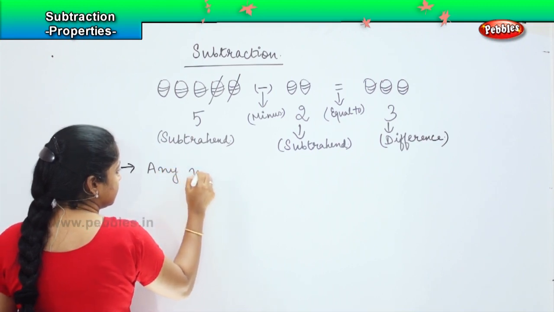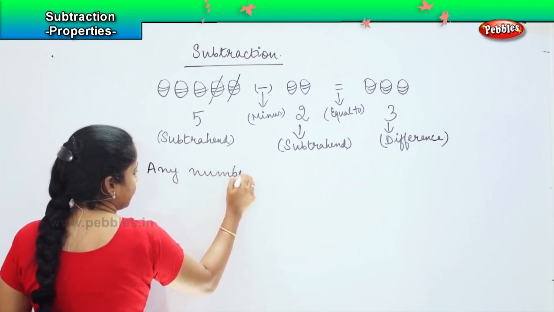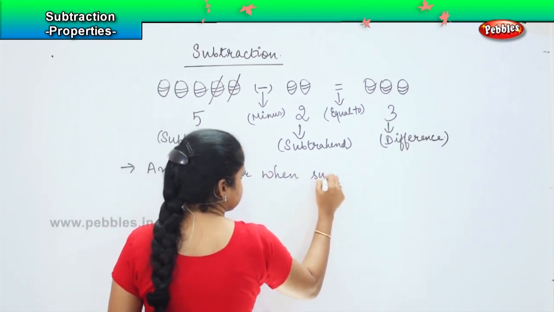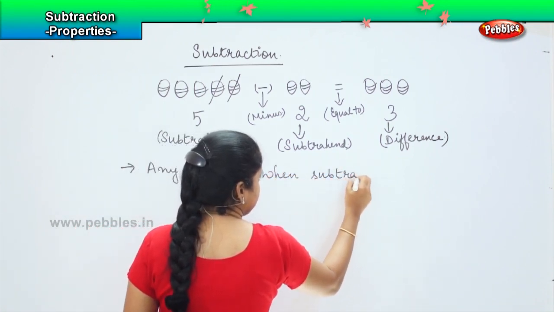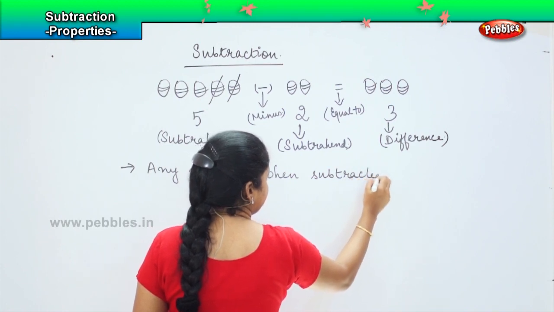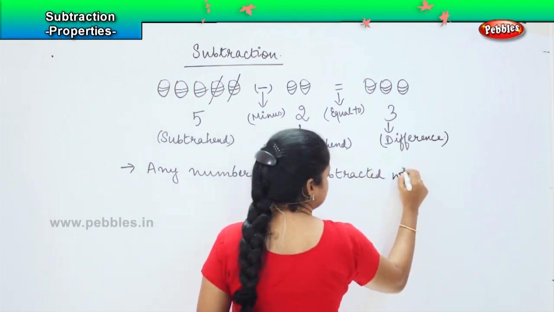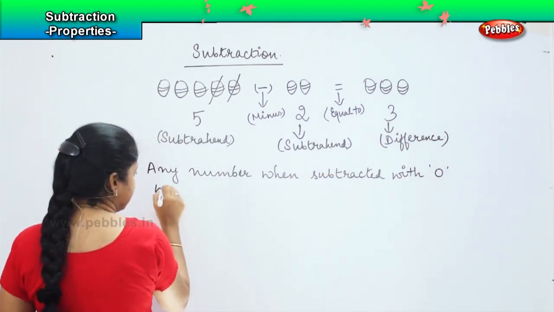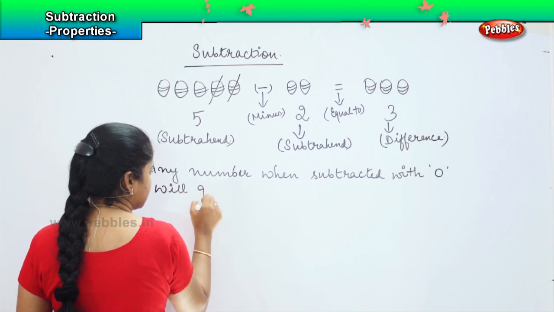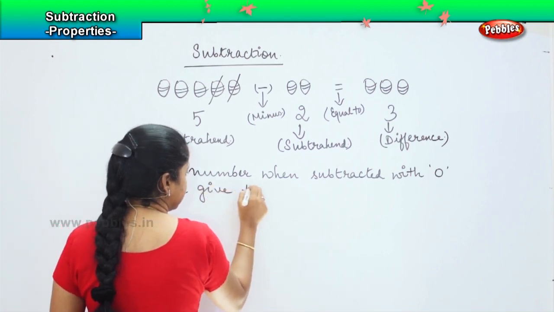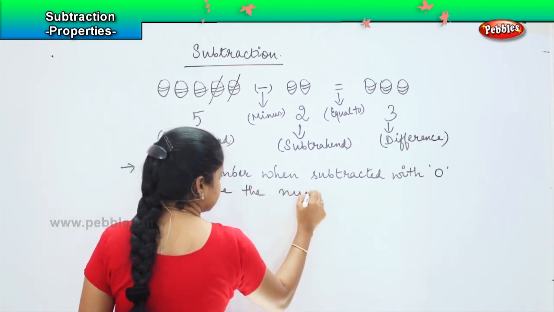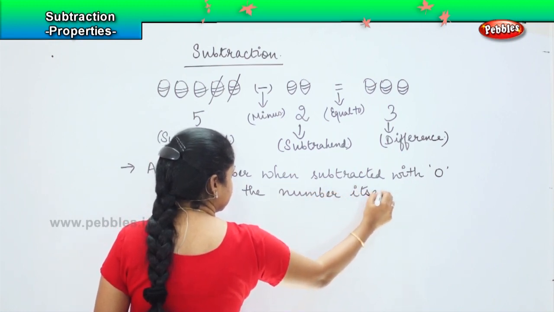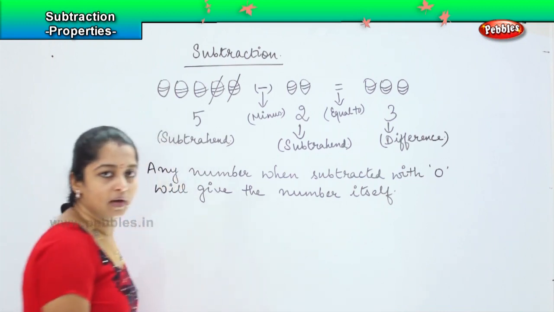Any number when subtracted with 0 will give me the number itself. Okay.